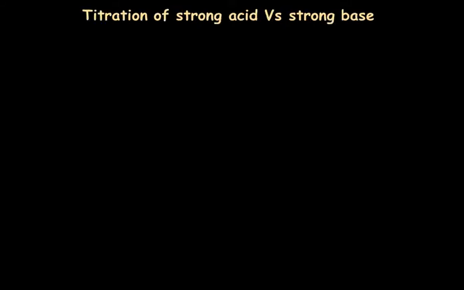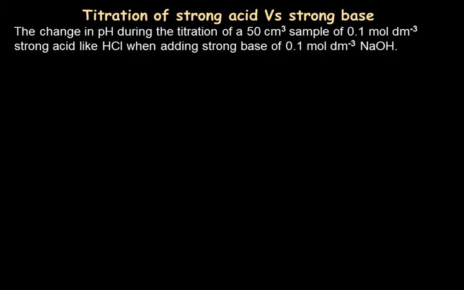So let's start with our first titration, of a strong acid with a strong base. In this titration, we have taken a 50 cm cube sample of 0.1 mol per dm cube of a strong acid like HCl, and we are adding gradually a strong base, NaOH, of concentration 0.1 mol per dm cube.